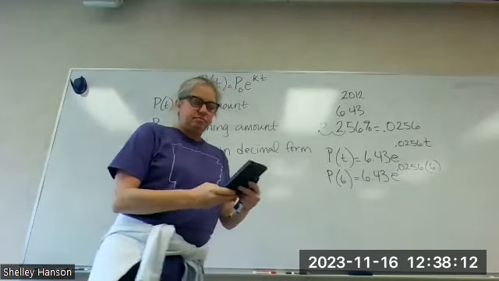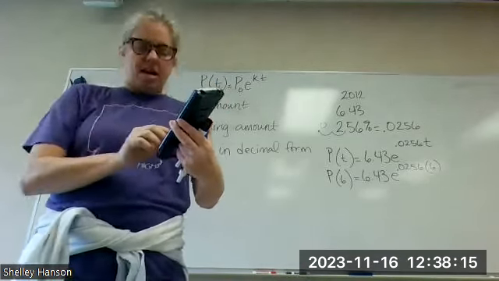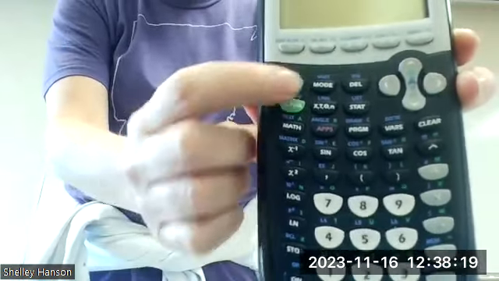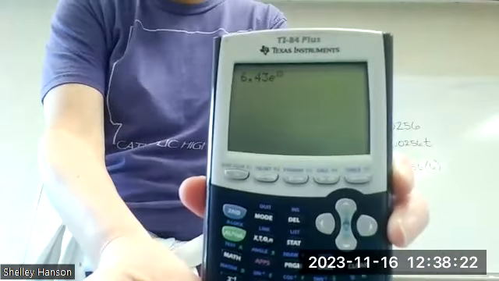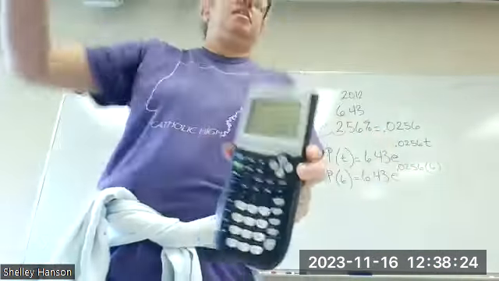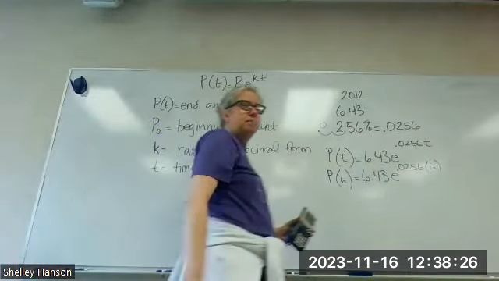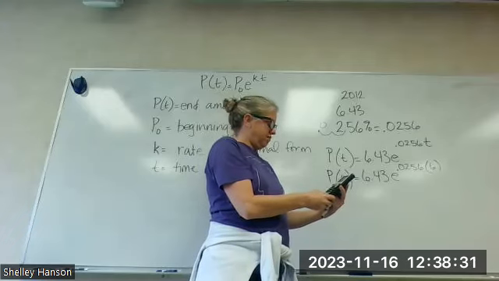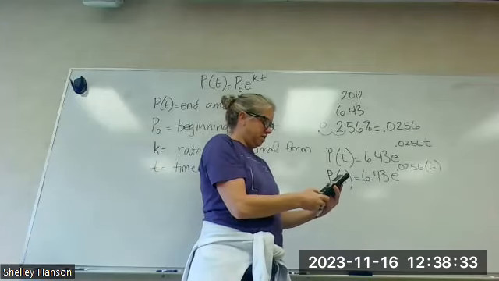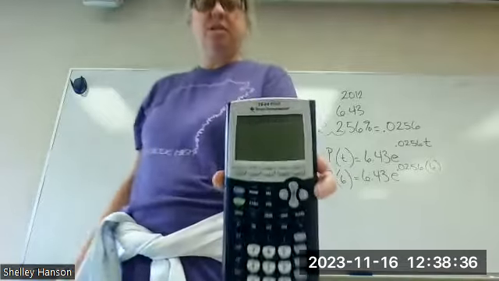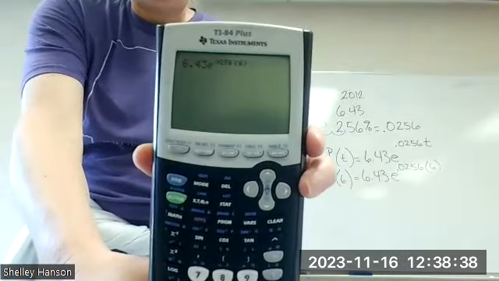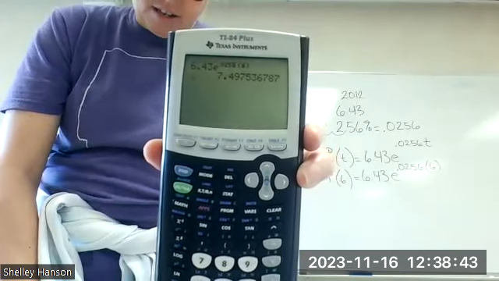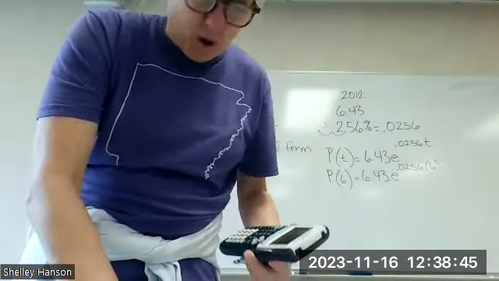And then I am just putting this in my calculator. 6.43. And then remember where your E button is. It's your LN button, but it's blue. So second LN will give you the E. And it conveniently goes ahead and puts us up in the exponent. So I'm just typing in 0.0256, open parentheses 6, close, hitting enter, and then rounding this to 1 decimal place.